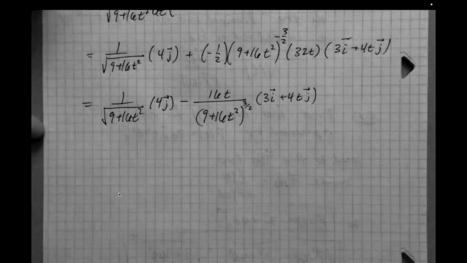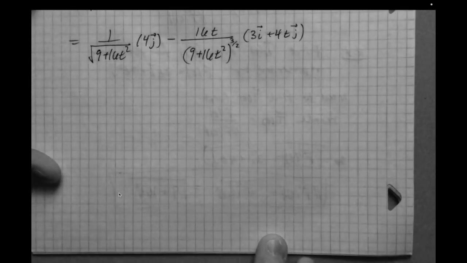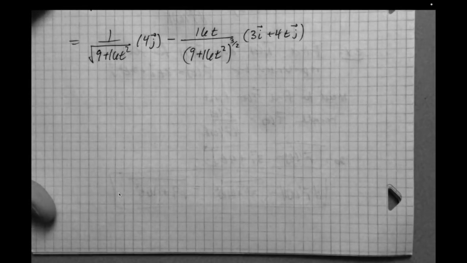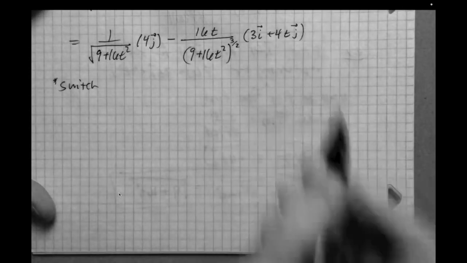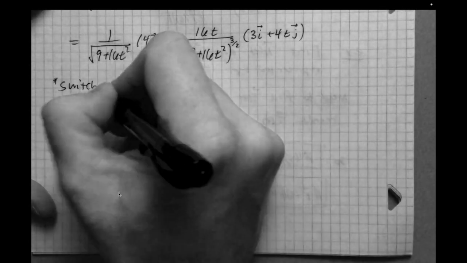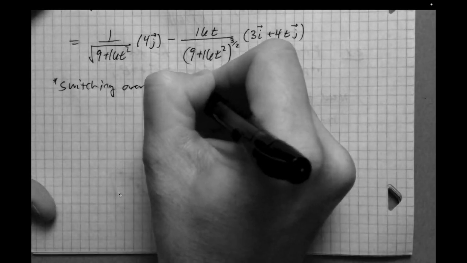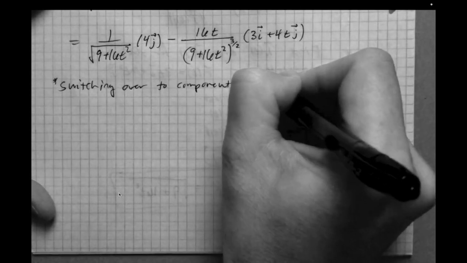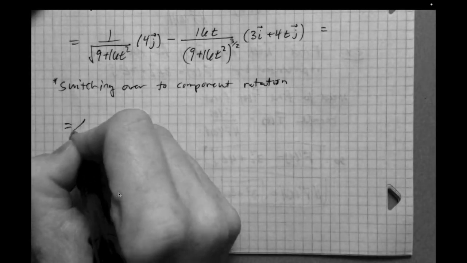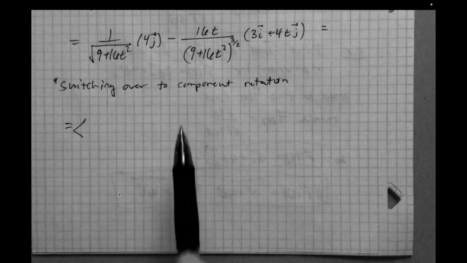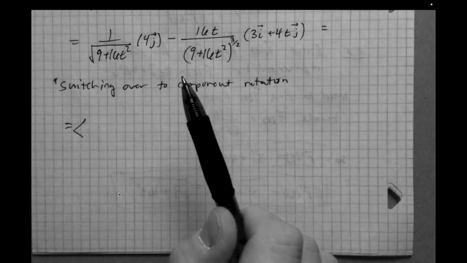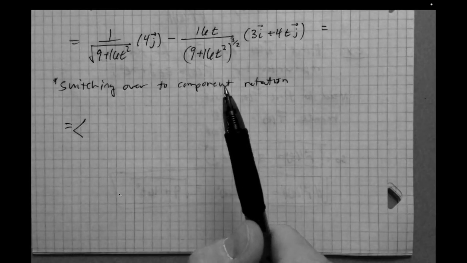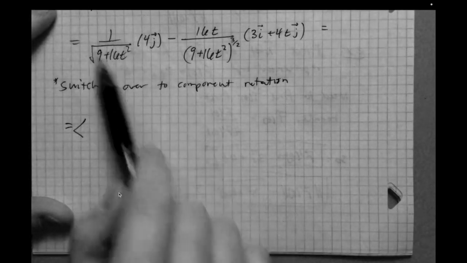Now, this is totally my preference, but I'm going to switch over to component notation at this point, just because some of the simplification is easier, I think, if it's done that way. Okay, and so this here is equal to, now in component notation, what are my i terms? Well, in this piece here, I've got 0i.